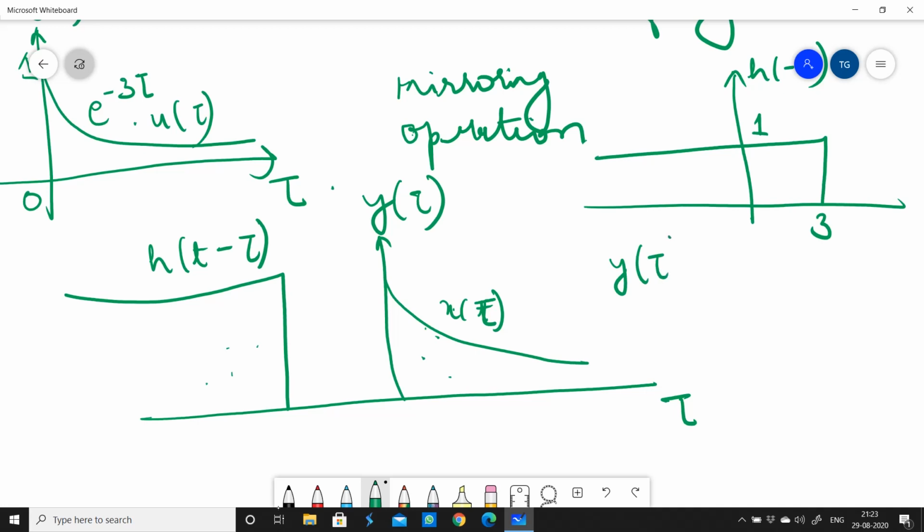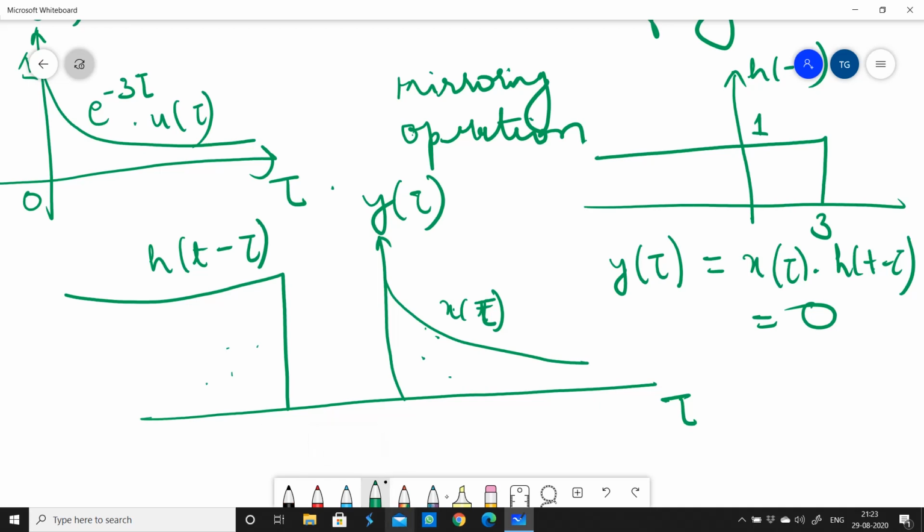That is, y of tau is equal to what? x of tau into h of t minus tau, and in this case it is equal to 0.